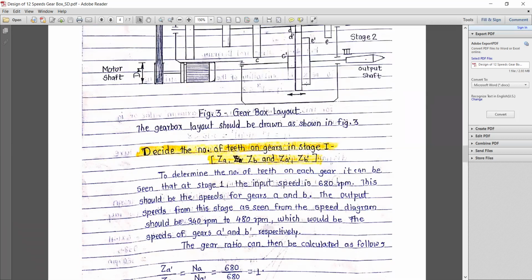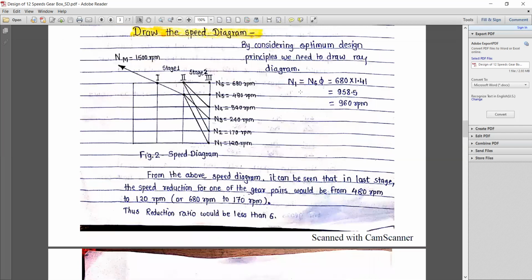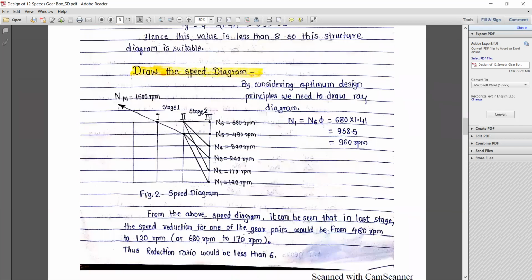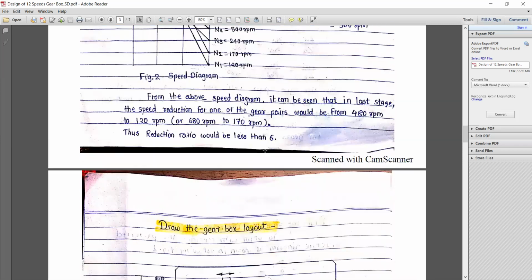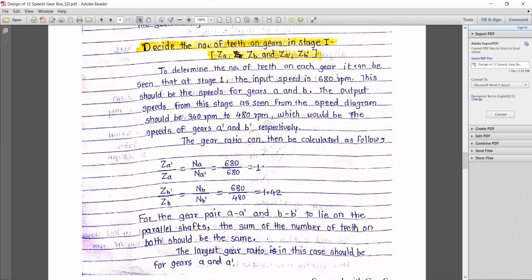From the structural diagram, 680 is the maximum speed in stage number 1. So 680 and 480, these two speeds are the output.